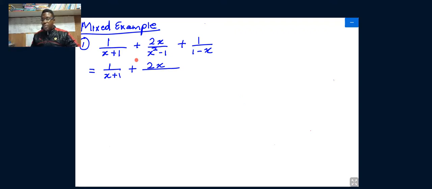So to me this looks like a difference of two squares. So I am going to do it on the side here. x minus 1, x plus 1. This is what we are looking for.